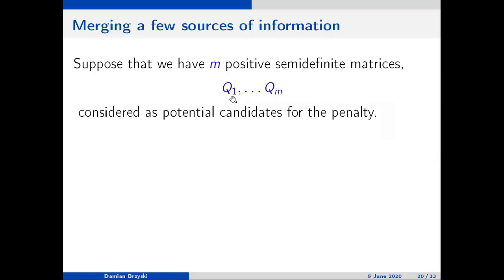So maybe you don't want to choose the best one. Maybe you want to combine this information. So maybe you would like to merge the important information from all of those matrices. This would be the best if you can achieve something like that, because in reality you have no idea if the information you are providing is 100% correct or not.